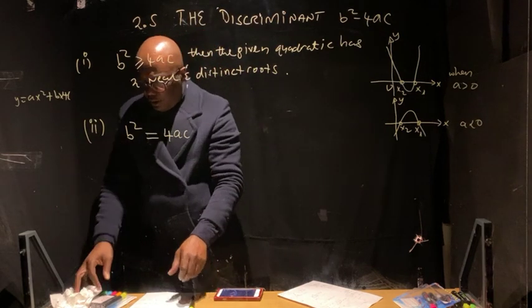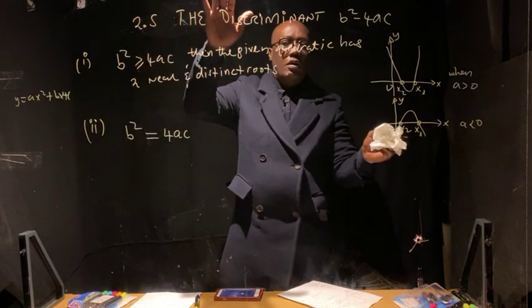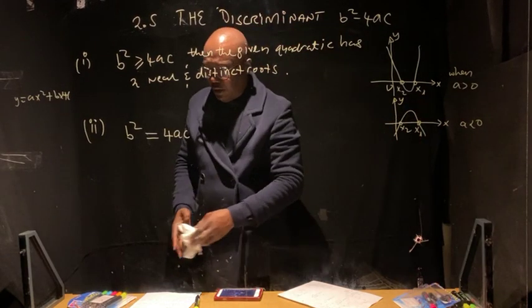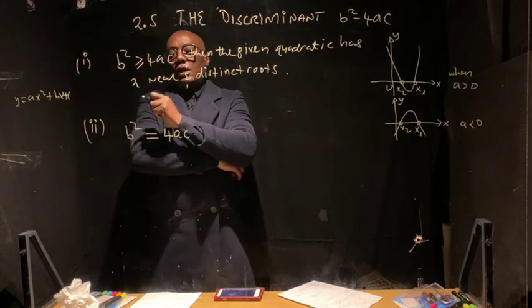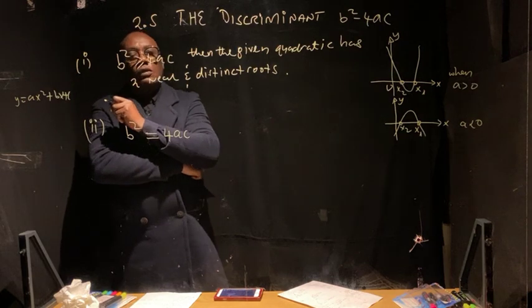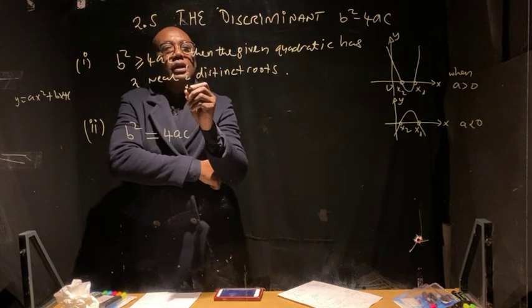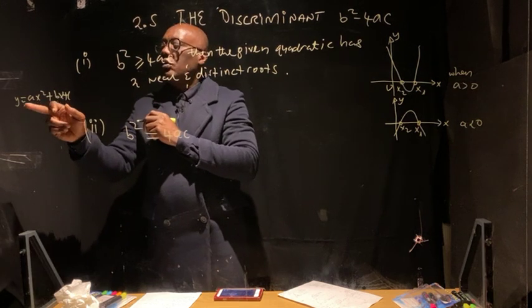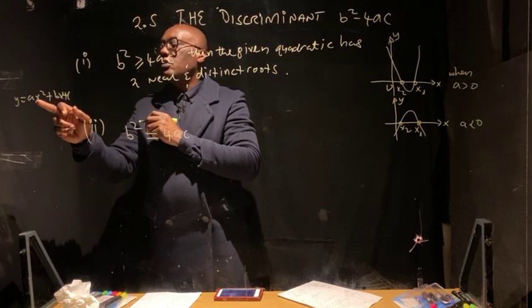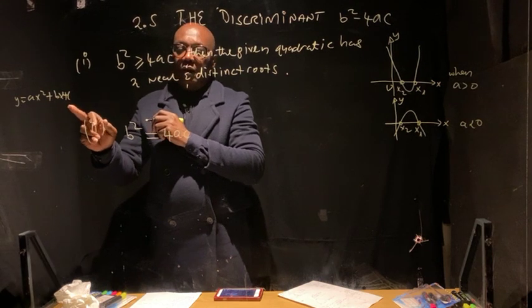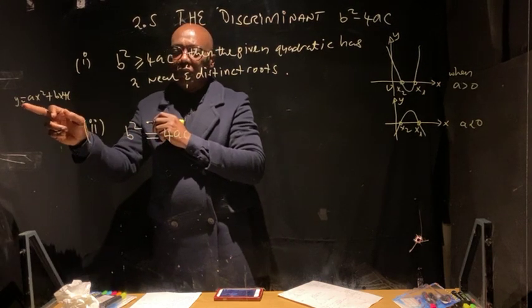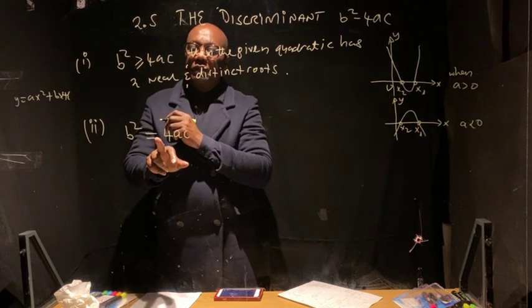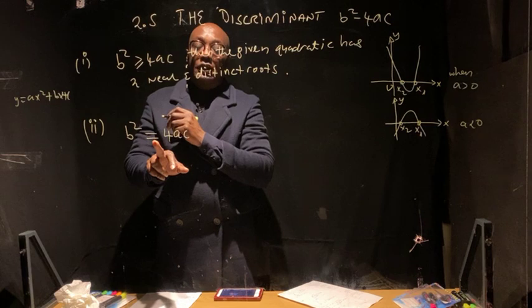No problem. B squared equals 4ac. This indicates that the given quadratic equation, which is in the form y equals ax squared plus bx plus c, has one repeated root. What does that mean?